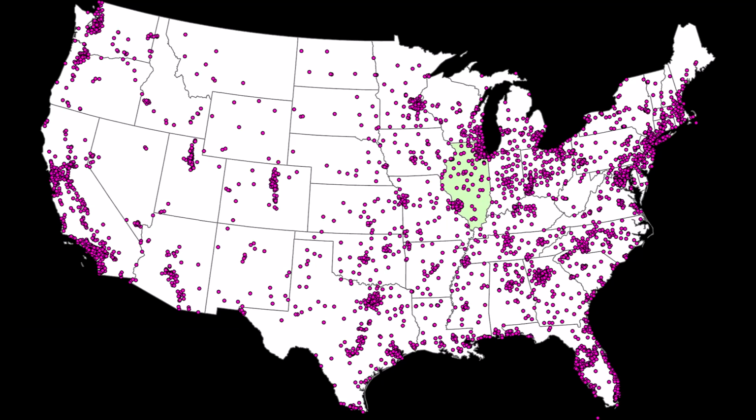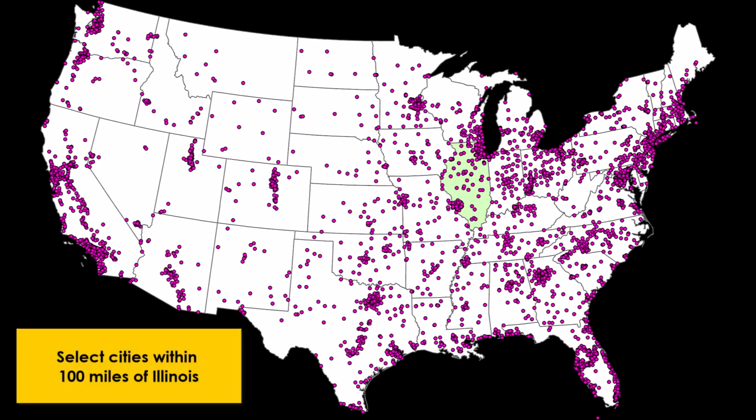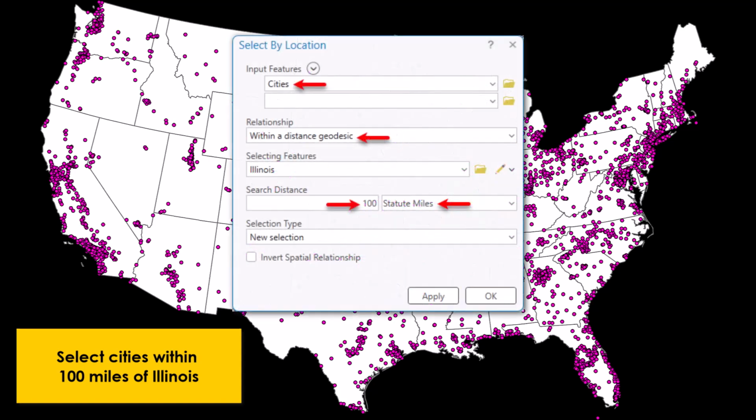Finally, we can select cities that are within a distance of Illinois. Let's say you're doing an analysis and you need to include all the cities in Illinois, but also all the cities that are within 100 miles of Illinois. In this case, the cities layer contains our input features.